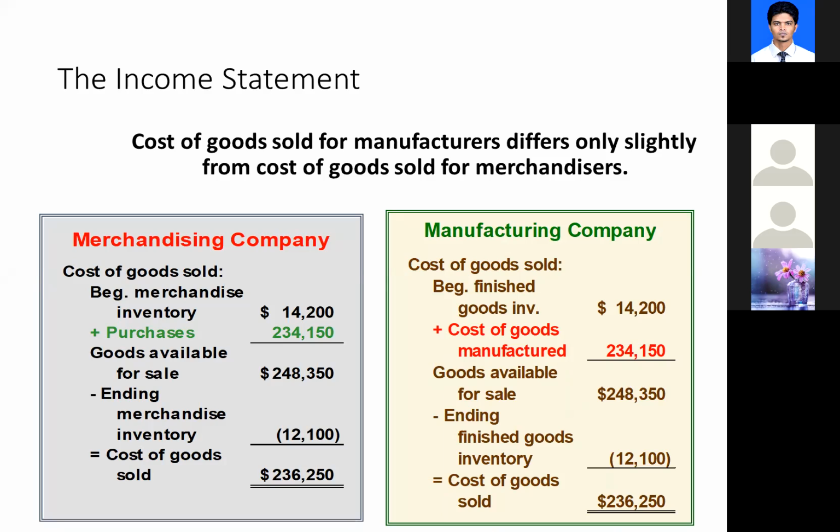When it's a manufacturing company, they are having cost of goods manufactured. Simply we can say this is the production cost. In case of a merchandising company, they are having purchases. In case of a manufacturing company, they are having cost of goods manufactured. I think you got the point.